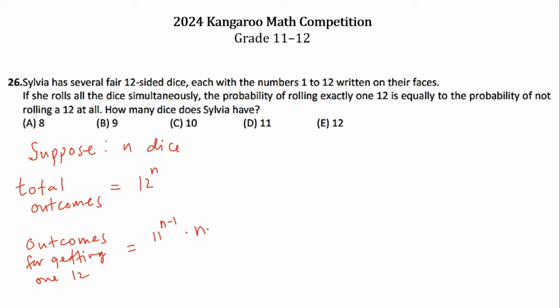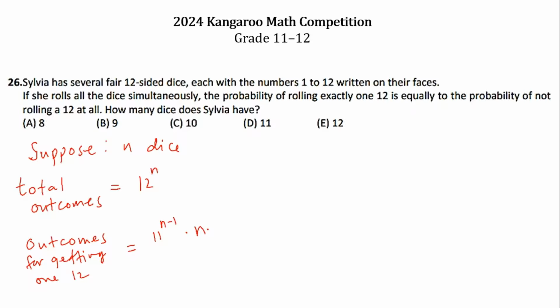Since we don't know on which die a 12 will come out, there are n possible ways where it can come out because there are n dice. So the total outcomes for getting one 12 is 11 raised to n minus 1 times n.